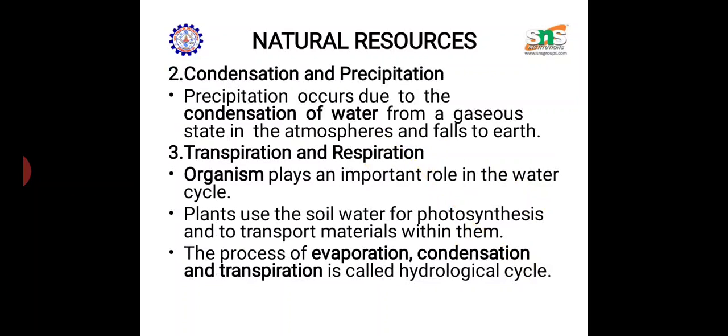The next one is condensation and precipitation. Precipitation means rainfall. We can call fog a precipitation, rainfall a precipitation, like that. Precipitation occurs due to the condensation of water. When the gaseous water molecules evaporate, they move up.